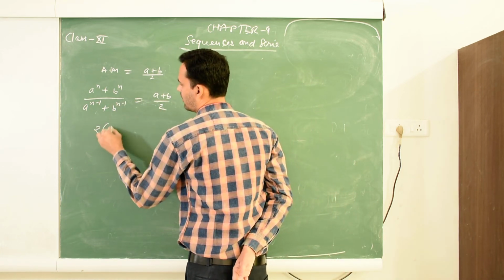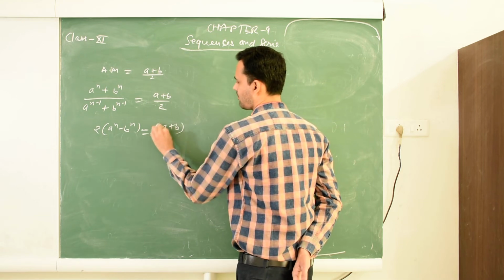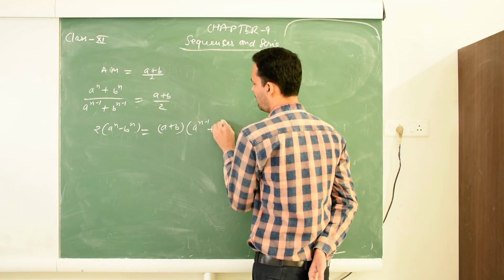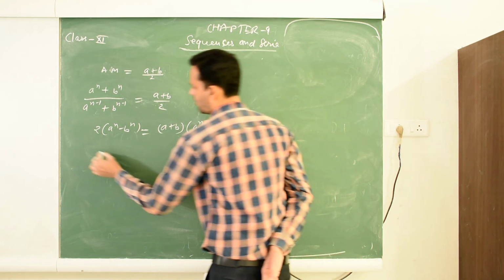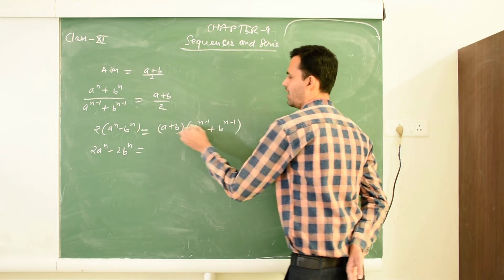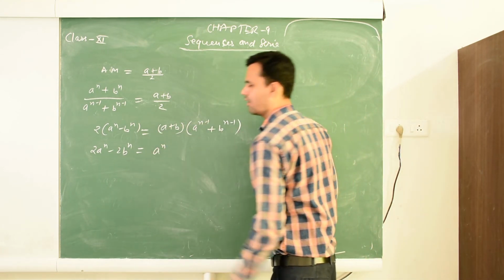So 2 into (a to the power n plus b to the power n) equals (a plus b) on the RHS into (a to the power n minus 1 plus b to the power n minus 1). So 2a to the power n plus 2b to the power n equals, if we multiply this a with a to the power n minus 1, then we get a to the power n. Why?